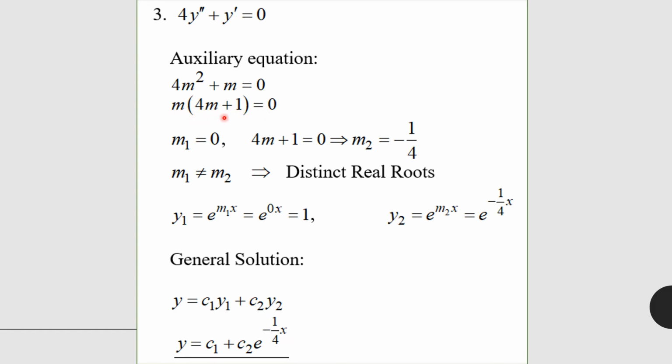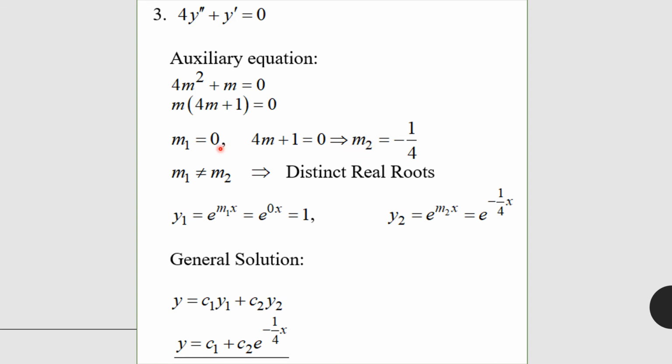Since now we have a product of two factors equal to 0, let us apply the concept a times b equal to 0, meaning m is equal to 0. This is m equals 0, which I will label as m1. Or 4m plus 1 equals 0. Solving this, we get m equals negative a quarter, which I shall call the second root m2.